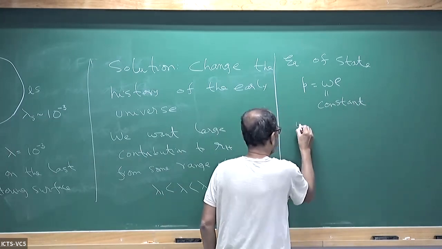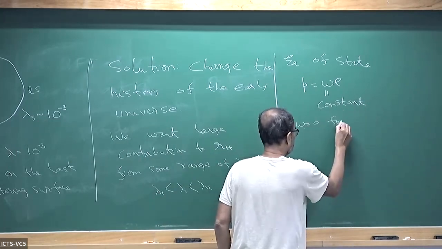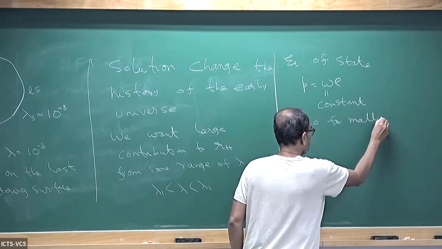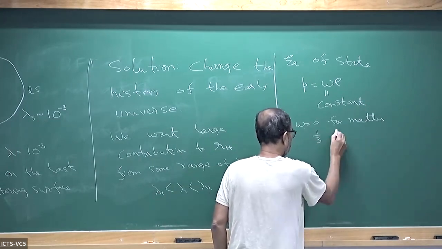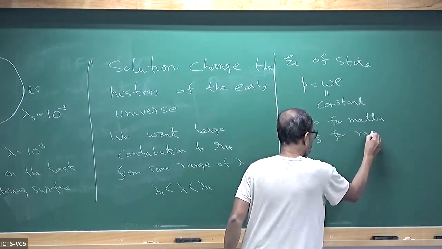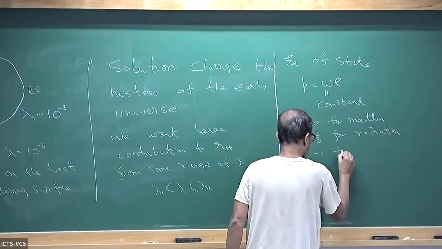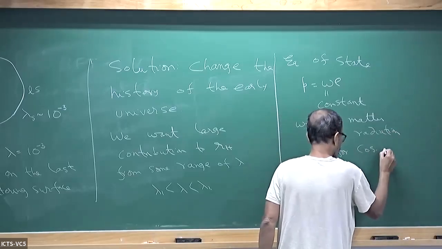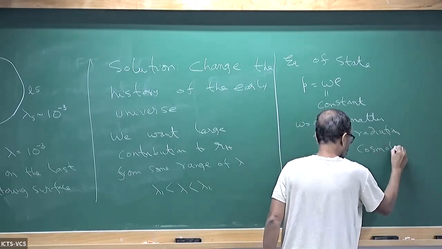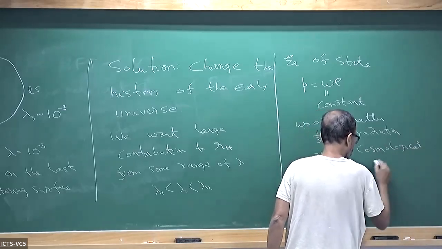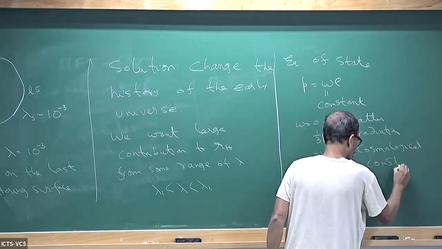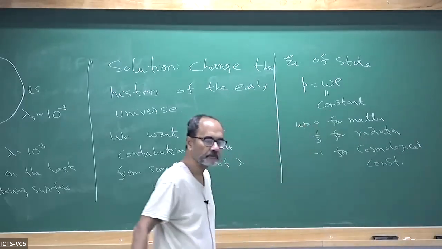Okay, so for example, W is 0 for matter, 1/3 for radiation, and -1 for cosmological constant. How does it change the work from this range?